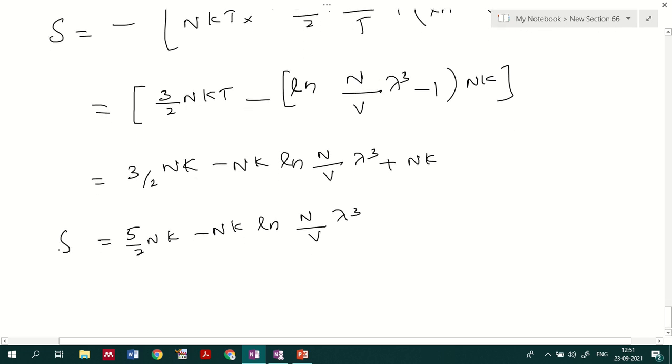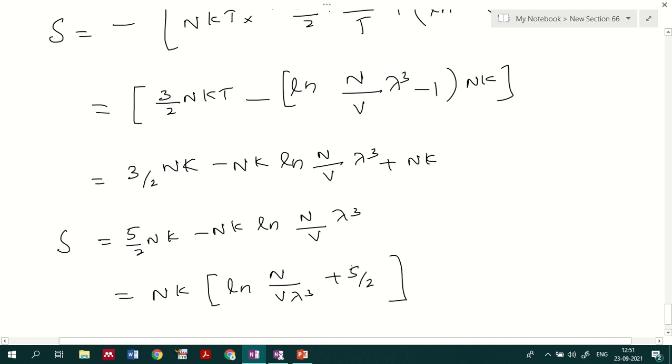And now if you proceed with this one, if I take nk outside, I will be getting ln n by v lambda cube plus 5 by 2.